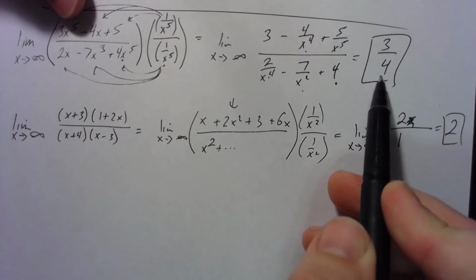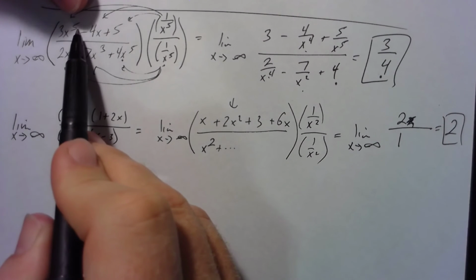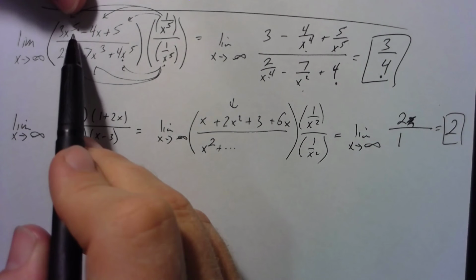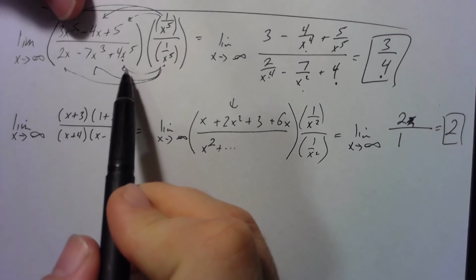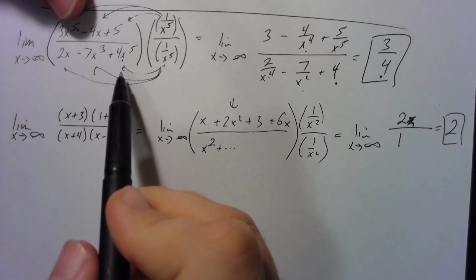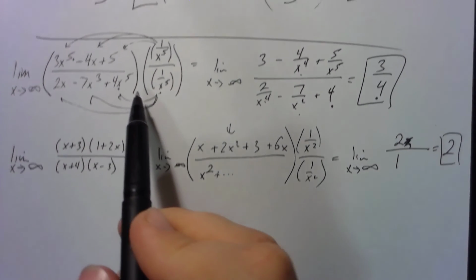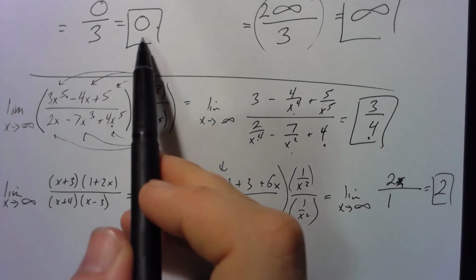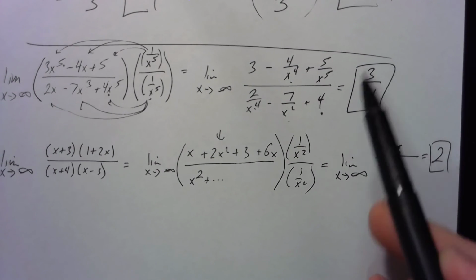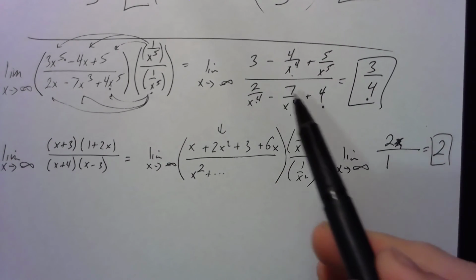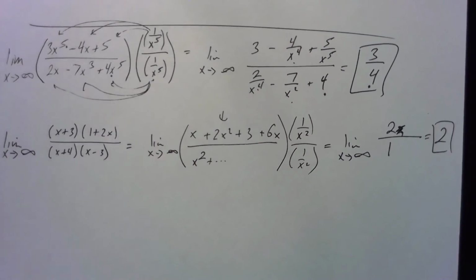If the top power was larger, we ended up saying that there was no horizontal asymptote. And if the bottom power was larger, then we would say that the horizontal asymptote is y equals 0. Again, in the previous examples, we came to a conclusion of y equals 0, or 0 for the limit, an infinite limit, and then a coefficient of 3 divided by 4, or the values divided by each other, depending upon the largest powers of x.